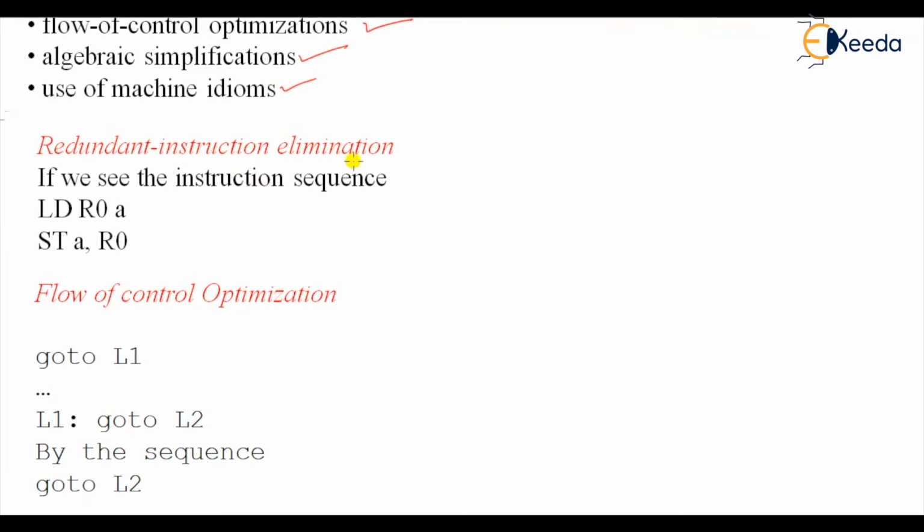Redundant instruction elimination: if you see an instruction sequence of load and store, a value will be loaded into register R0.